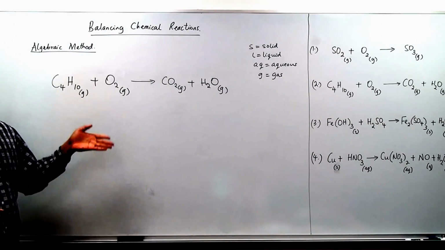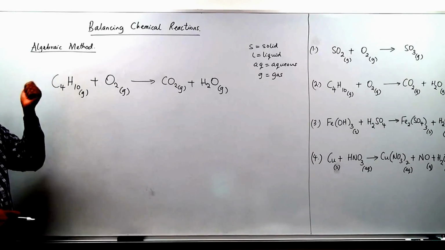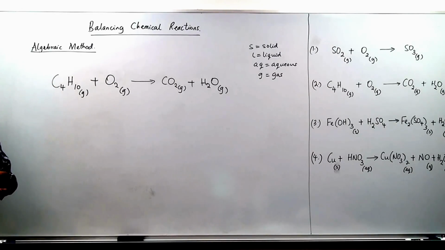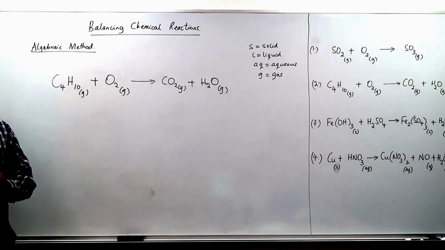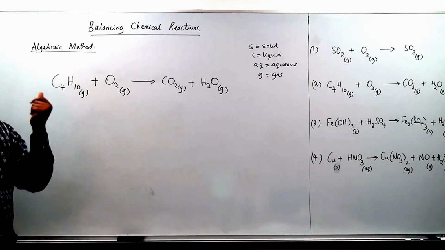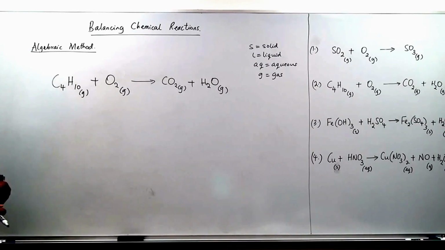When you start it by inspection, you will understand what I'm saying. So the easiest way to do it is algebraic. Algebraic comes in when inspection does not work, or proves difficult. But algebraic does it straight away. I mean, it will balance it immediately.